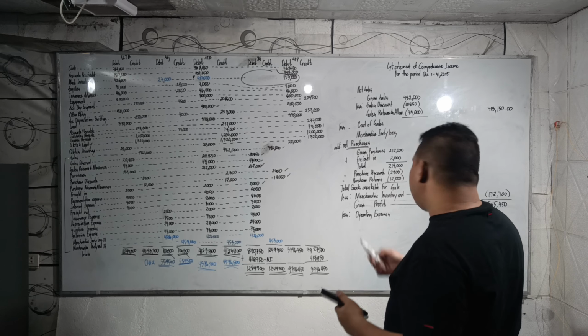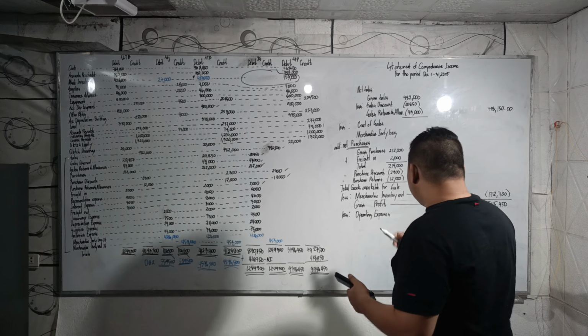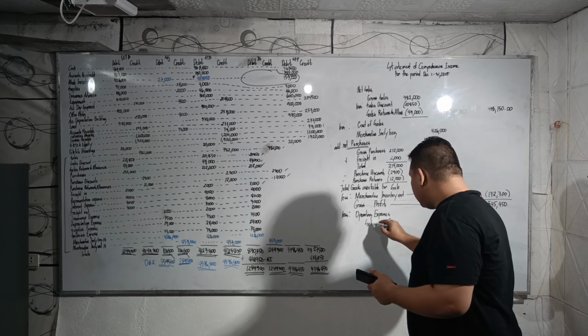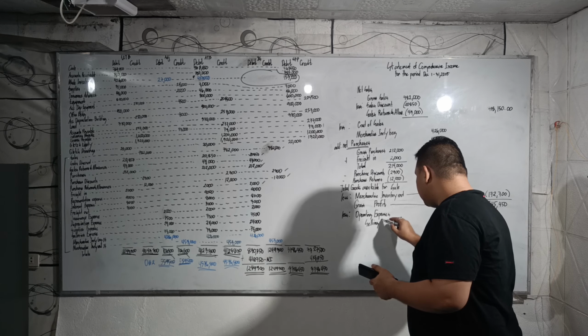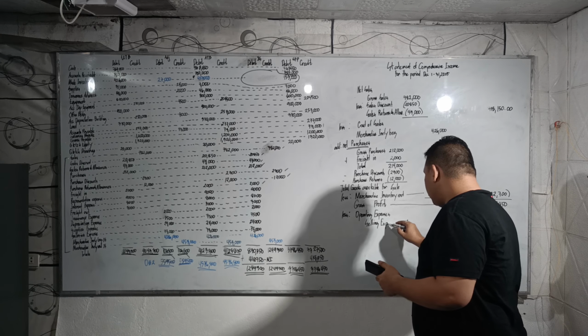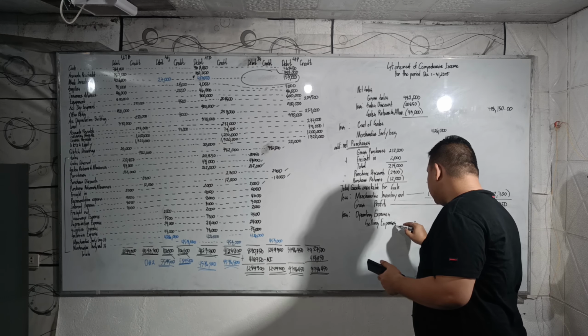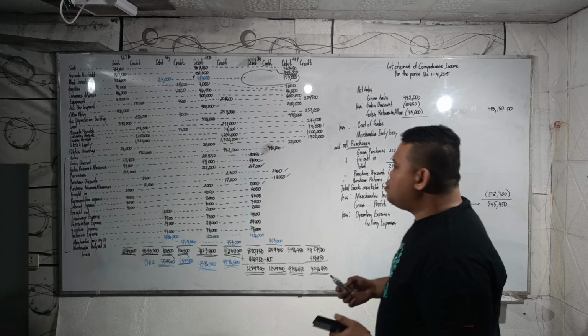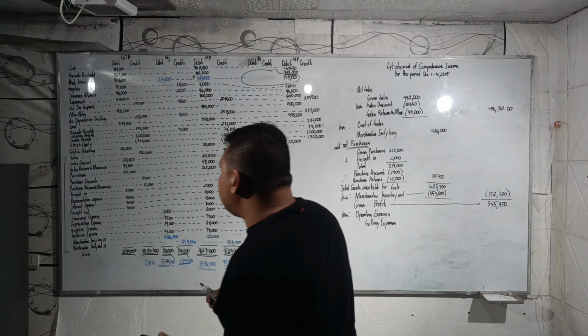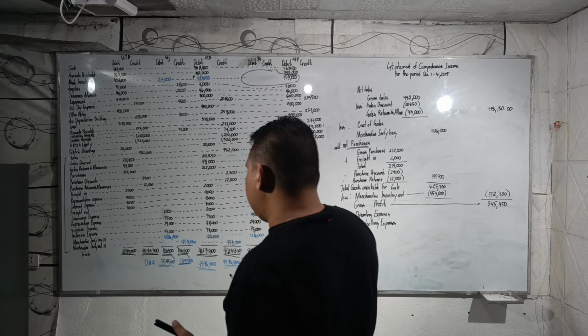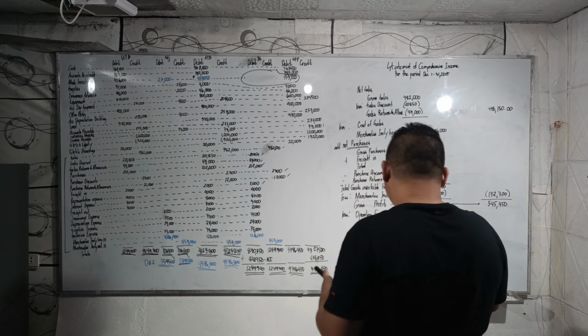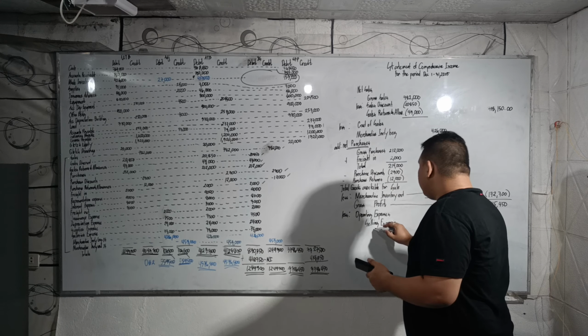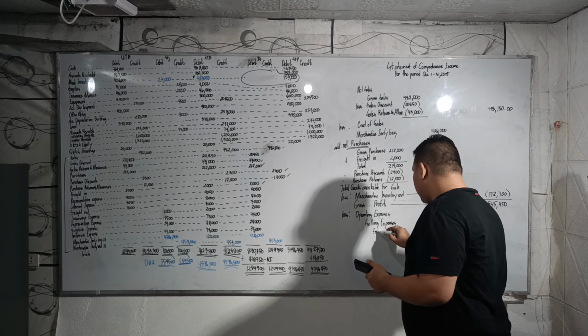That's part of general and administrative expense. So let's first start with the selling expenses. What are those expenses that can be grouped under selling expenses? We have freight out, or transportation out.